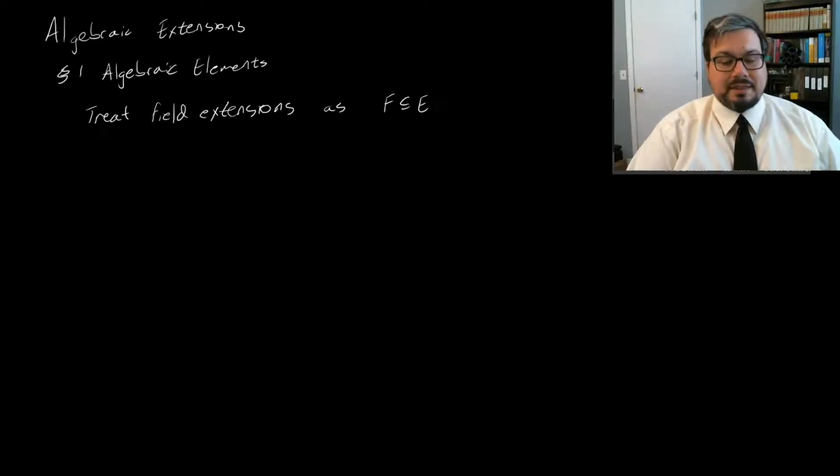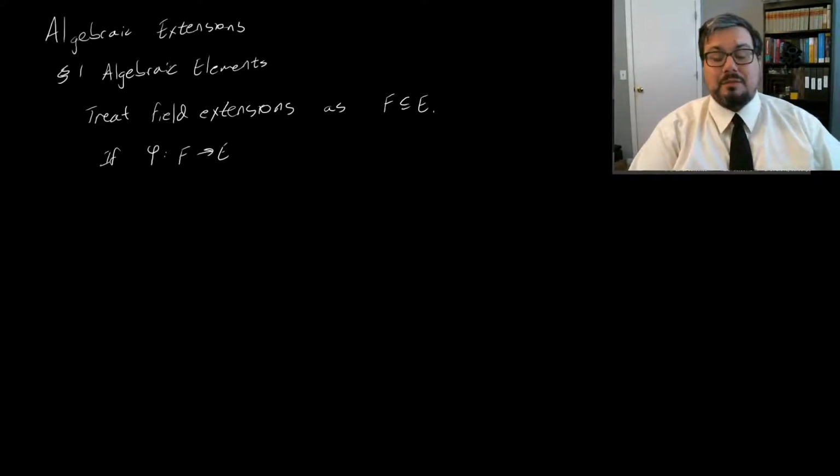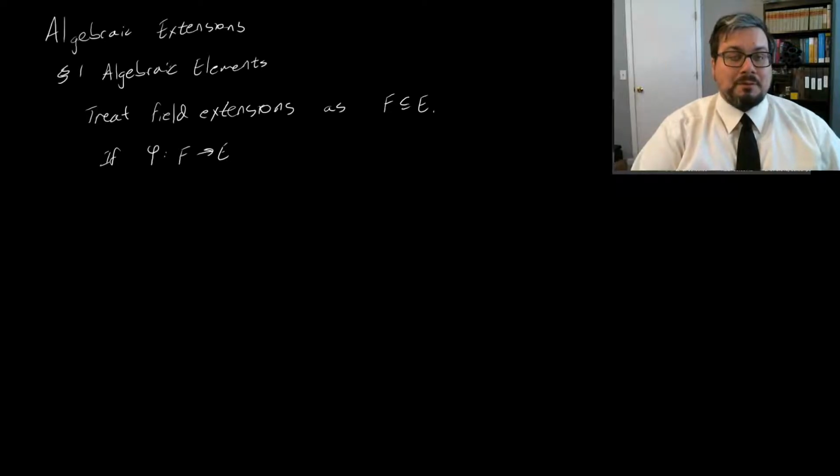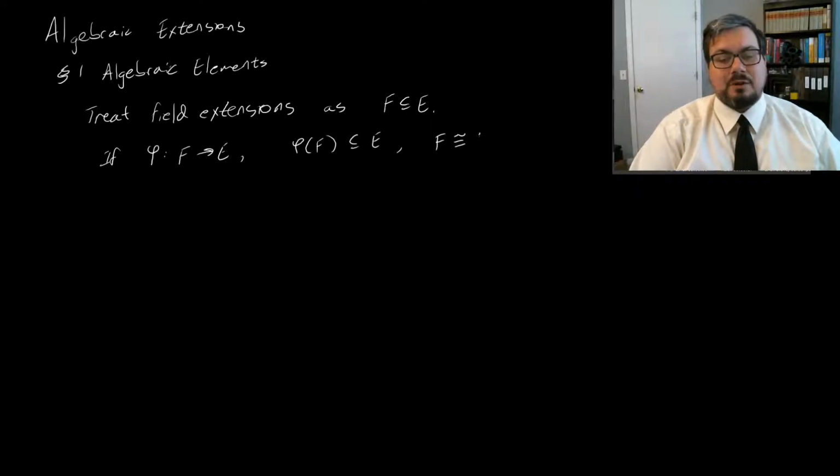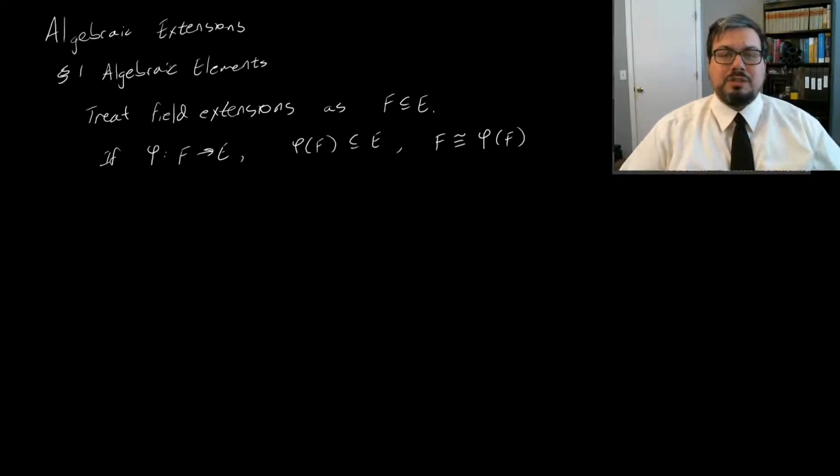We don't actually lose anything this way, since if we have a general field extension, phi from F to E, remember that phi is a ring homomorphism and it's also injective, then we have that phi of F is a subfield of E, and F is isomorphic to phi of F. So we aren't actually losing any sort of generality, we're just making the statements of the theorems simpler in this case.